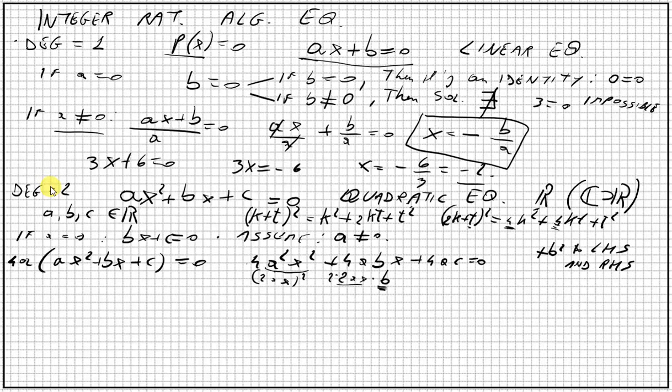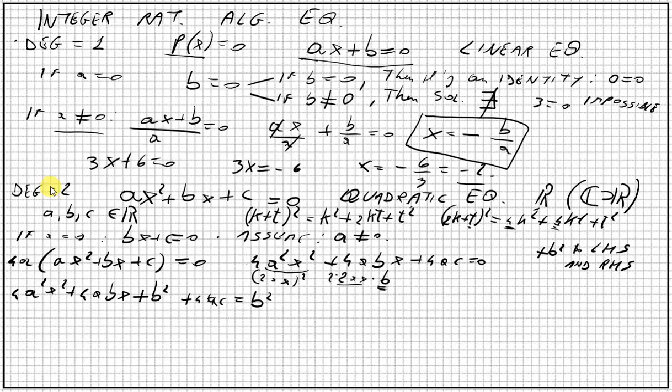So again, let's write 4a squared x squared plus 4abx. Let's put b squared here and then plus 4ac, and on the right hand side, as promised, we also have to add b squared.